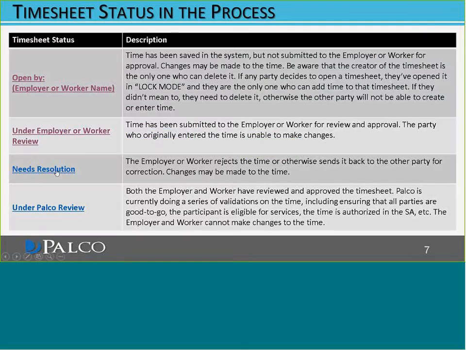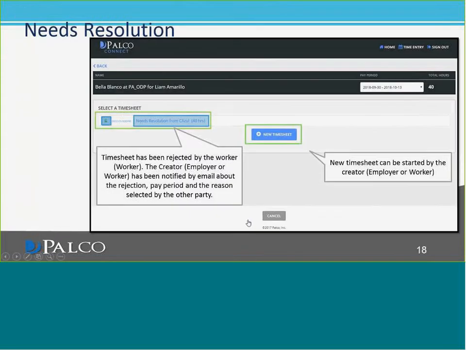The employer or the worker rejects the timesheet or otherwise sends it back to the other party for correction. At this time, changes may be made to the time, and this is how it looks. Okay? You will see your same timesheet, the number that identifies your timesheet, and the status of your timesheet, which is needs resolution from the name of the person.